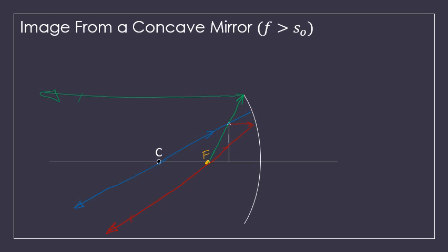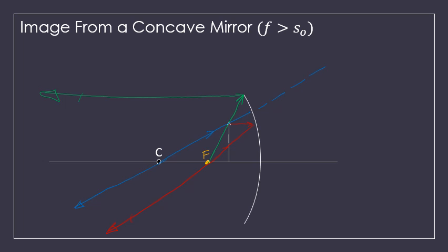And again, it doesn't look like that ray is going to intersect either. So I need to know where these rays would intersect. In this case, I'm going to draw behind the mirror. When I go behind the mirror, I don't want to use solid lines because the light doesn't actually go there. So I'm just going to use my ruler, if I had one, and trace those rays backward.